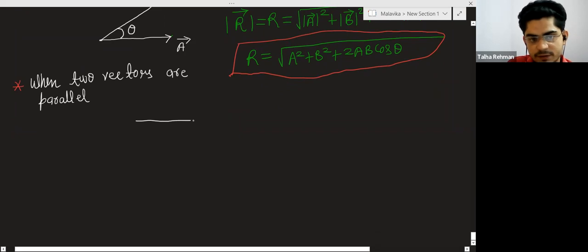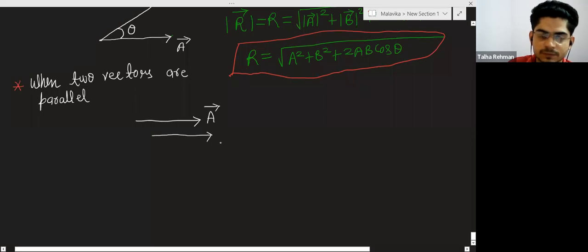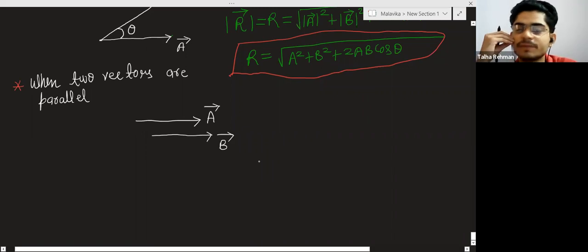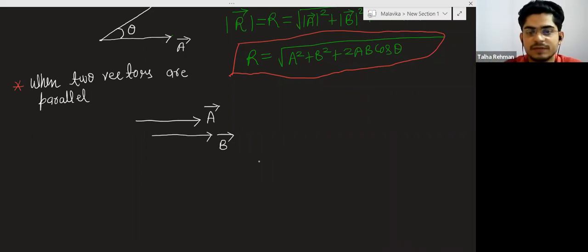Here is a vector A and here is another vector, it can be a B vector. These vectors are parallel, like parallel lines. So the angle between the parallel lines is 0 degree, meaning the angle between the parallel vectors is 0. Vectors are nothing but arrows.